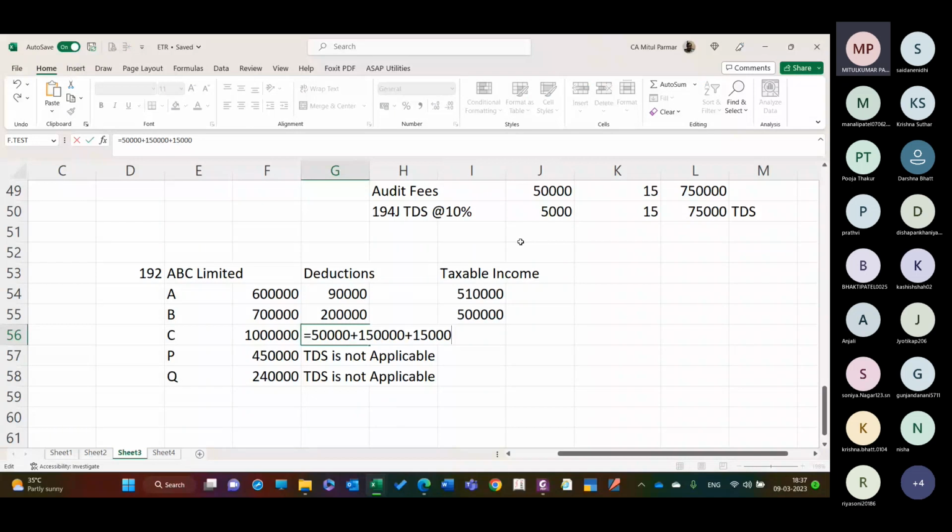So totally he is claiming 2 lakh 15,000, and his taxable income comes out to be 7 lakh 85,000.